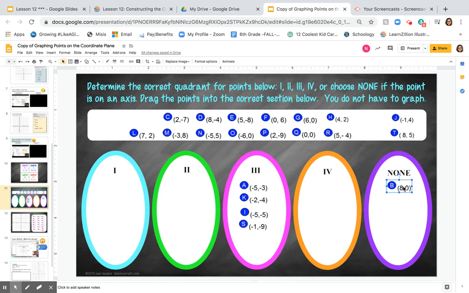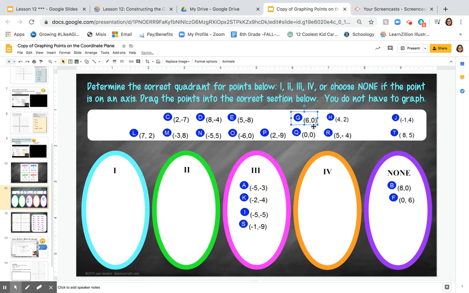If any of the coordinate pairs have a 0, they're not going to be in a quadrant because they're either moving to the left, to the right, or up or down along an axis. So this one, for example, it's not moving to the left, it's not moving to the right because X is 0. It's only going up because 6 is positive, so it's not in a quadrant.